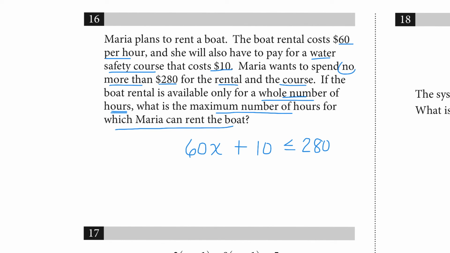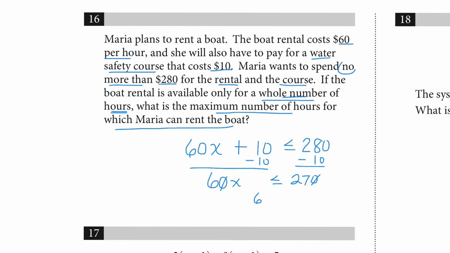And we can solve for x, which would be the maximum number of hours. So if we subtract 10 here and 10 there, we will have that 60x has to be less than or equal to 270. So if we divide by 10 on both sides, we can cancel those out.